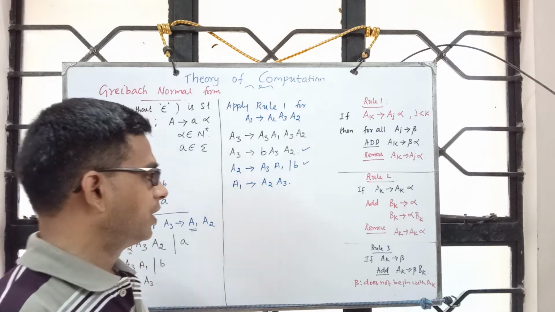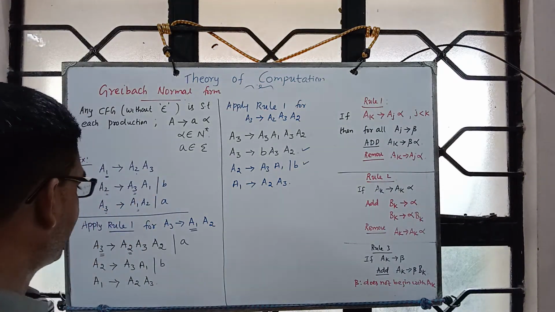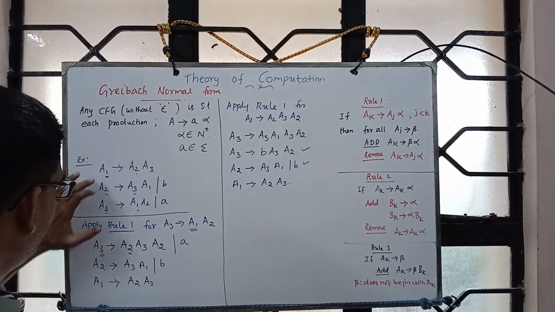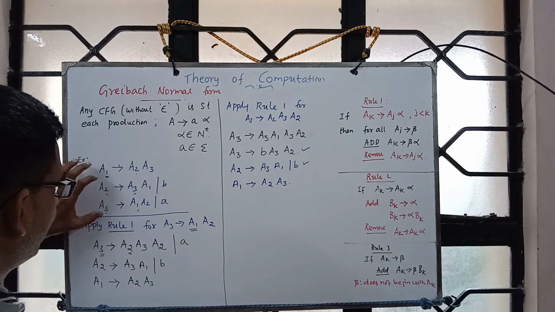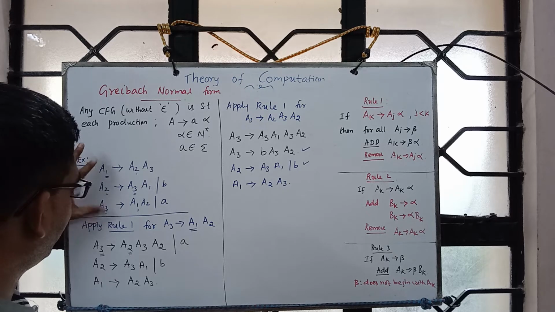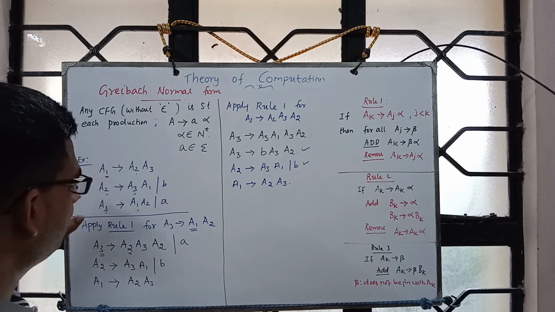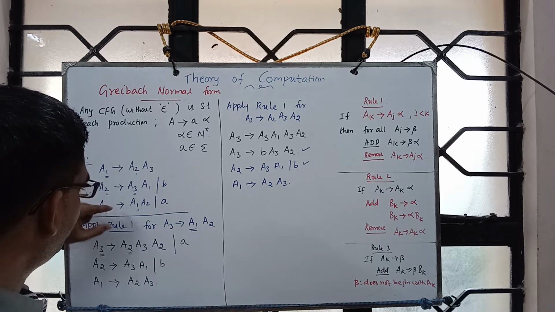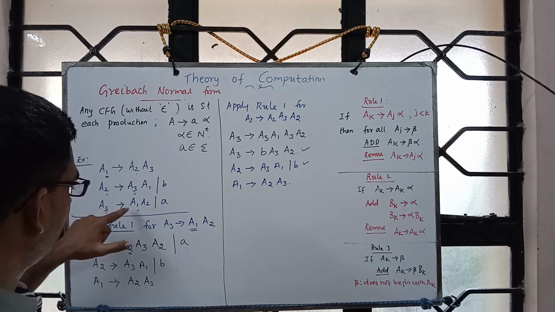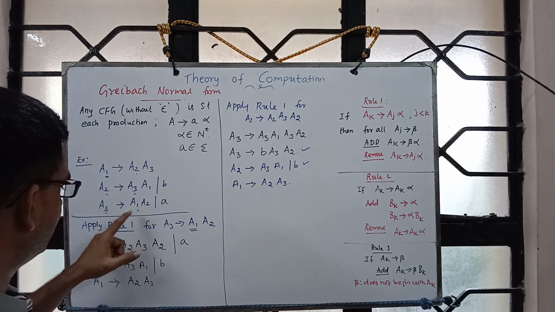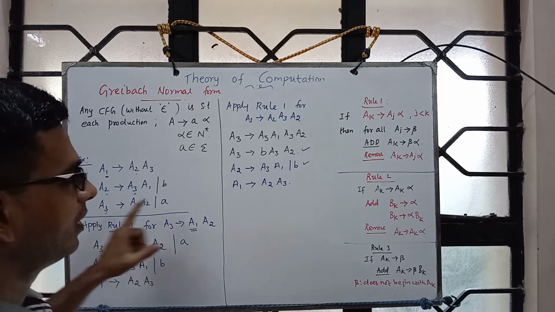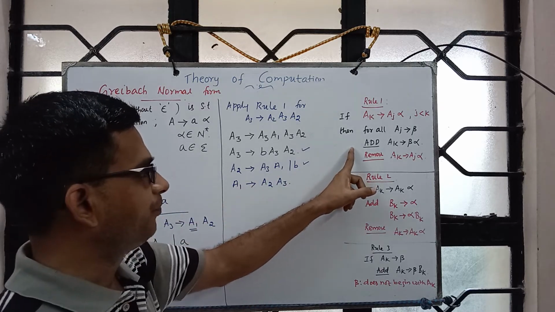Fine. So to start with, we check whether A1 is violating, A2 is violating, A3 is violating. So we look at possible values for K: 1, 2, 3 and so on. And the moment you find a production whose first symbol on the right has an index smaller than K, you invoke rule 1.